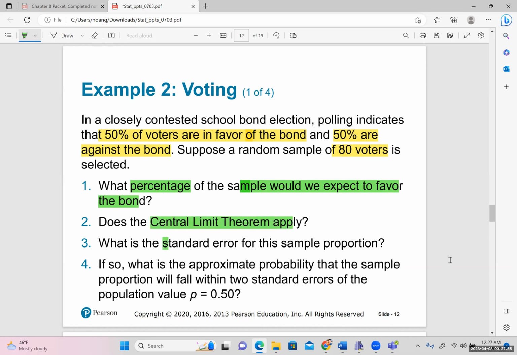And next is to find the standard error for this sample proportion. Keep in mind that if the answer to part 2 is no, then you will not find a standard error anymore. If so, what is the approximate probability that the sample proportion will fall within 2 standard errors of the population value, p equals 0.5?